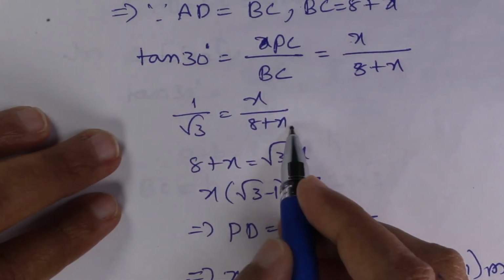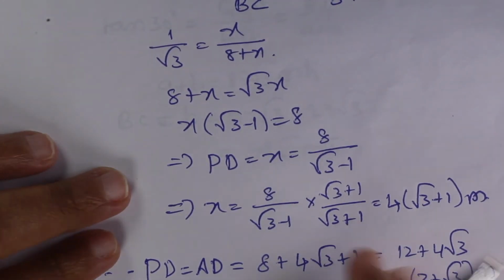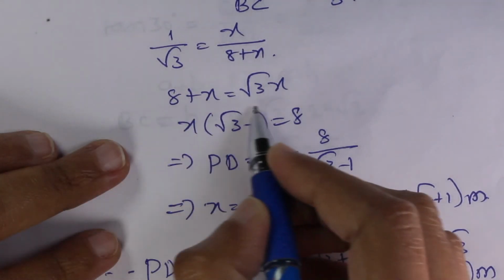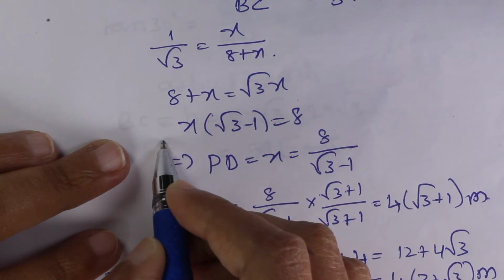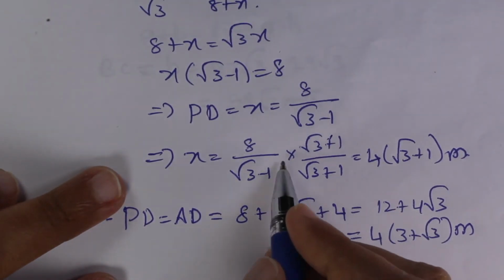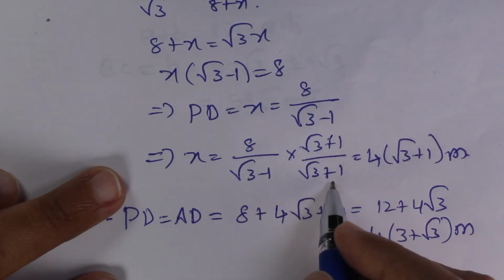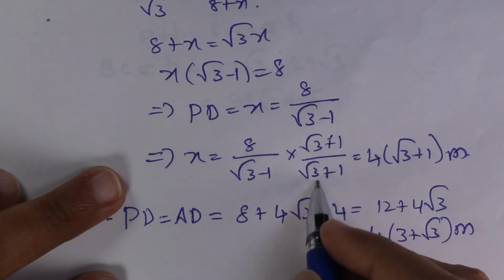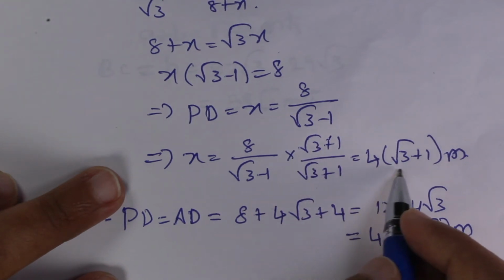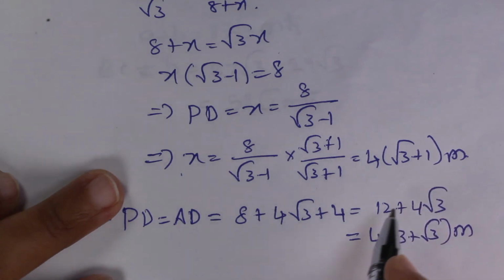So 1 by root 3 is equal to x divided by 8 plus x. So 8 plus x is equal to root 3 into x. X is equal to 8 divided by root 3 minus 1. If I multiply on the top and bottom with root 3 plus 1, I will get 4 into root 3 plus 1 meters. So x is 4 into root 3 plus 1 meters.